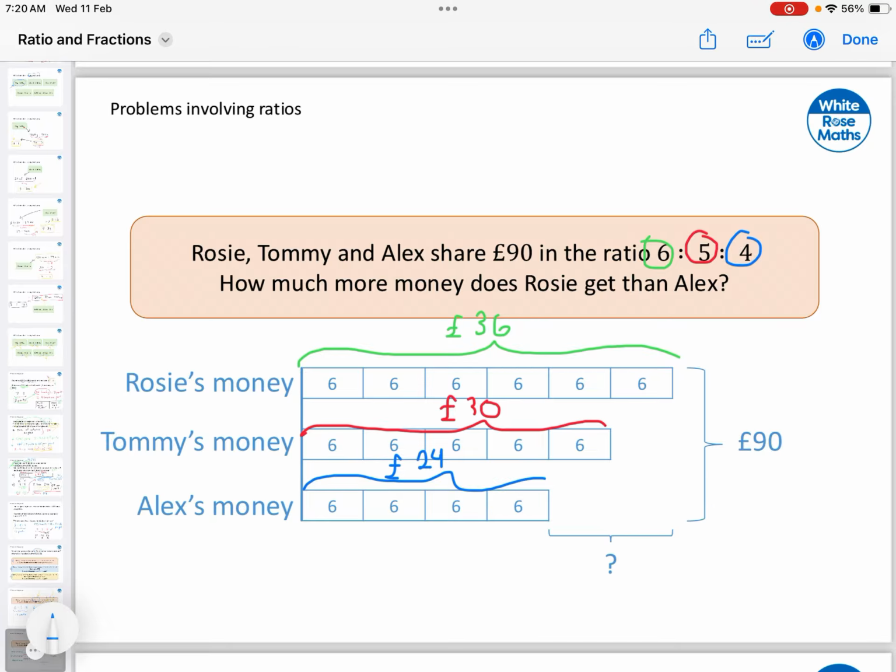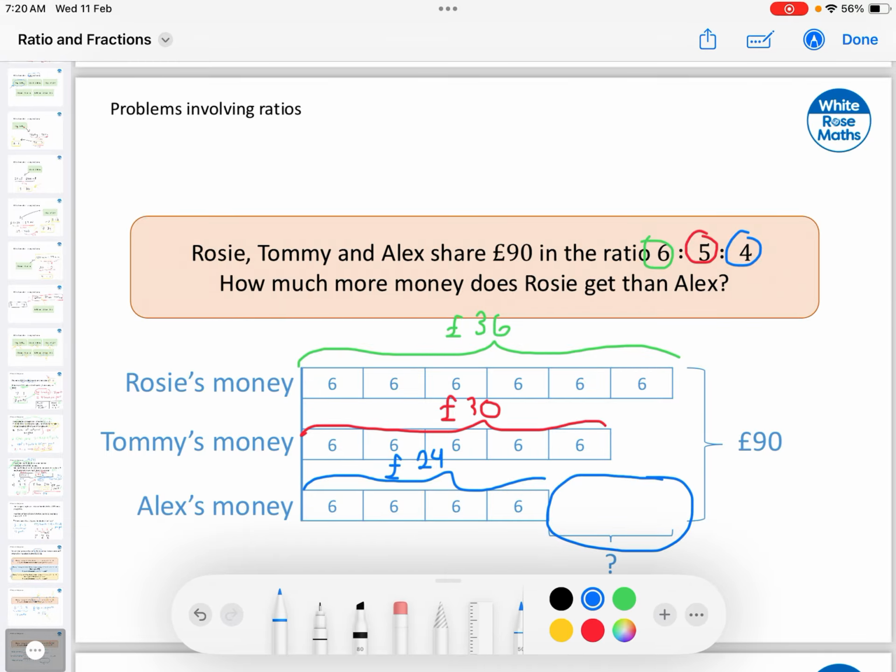The one with the biggest amount of money is Rosie. The one with the least amount of money is Alex. And between them, there is a difference. So this is what we're trying to find. How much money is the difference between Alex and Rosie? And you can see that the difference between them is 2 parts.